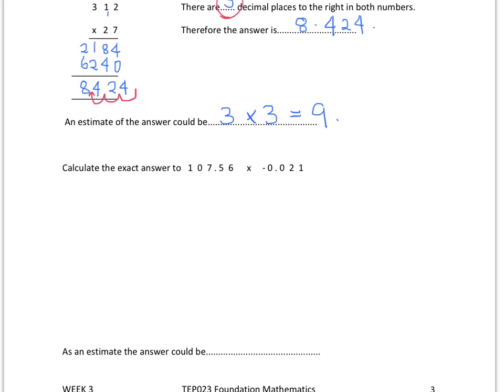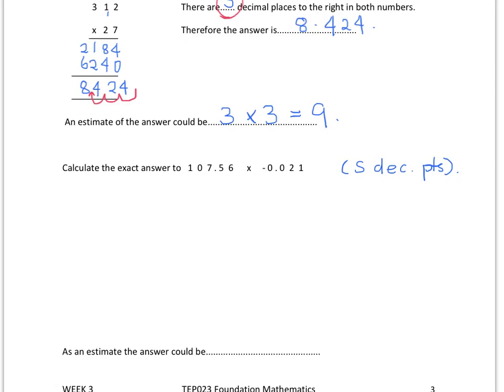And so our answer for this one is actually going to be negative. So if we now count the number of decimal places to the right-hand side, we have 1, 2, 3, 4, 5. So let's just write that up here. We've got 5 decimal places which need to be accounted for in the answer.